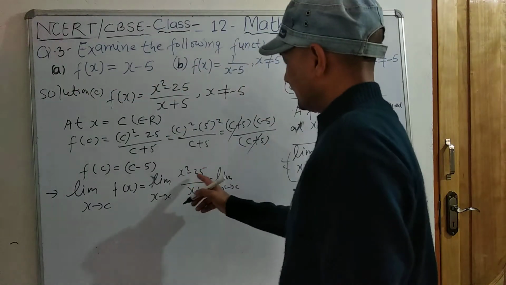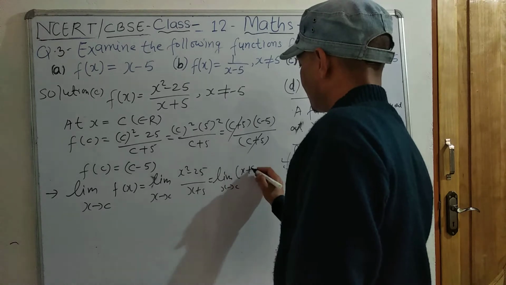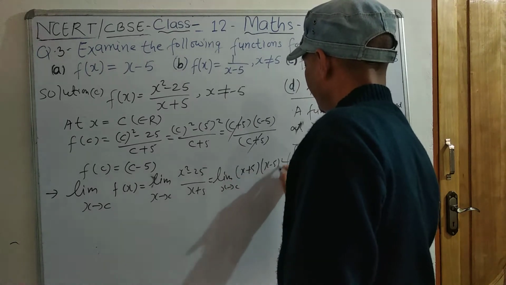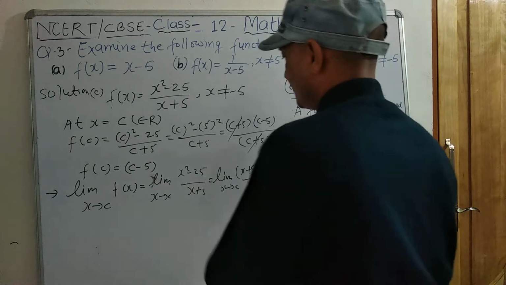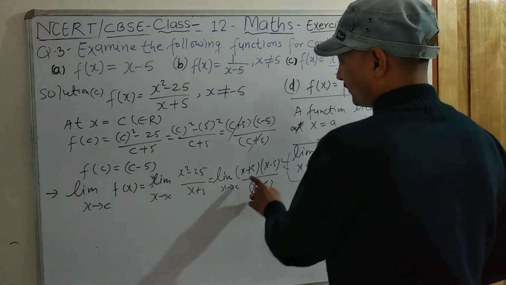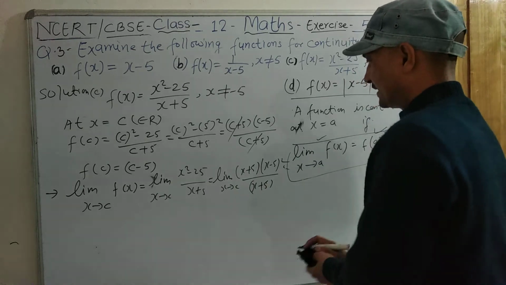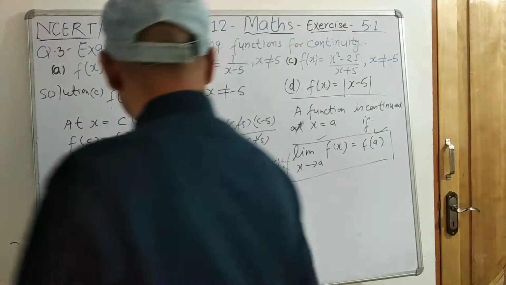X square minus a square, that means in the first bracket x plus 5, in the second bracket x minus 5, by x plus 5. That means this is a square minus b square, the same. In the first bracket positive, second bracket negative, so it will be cancelled.